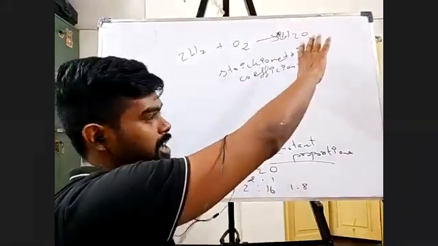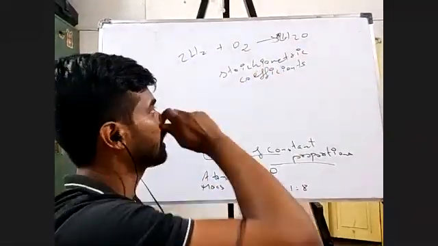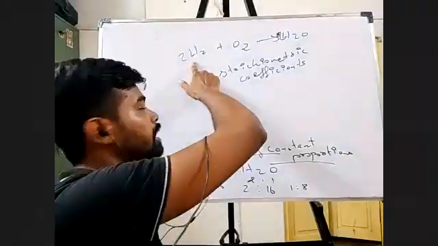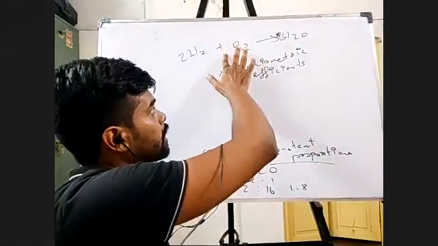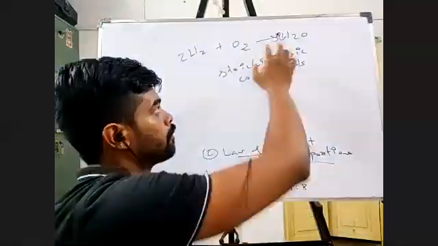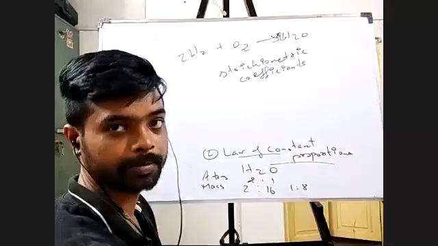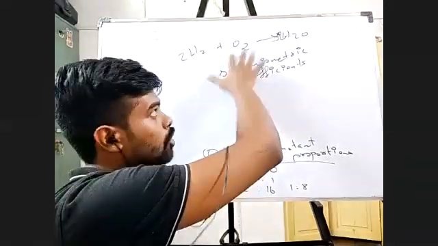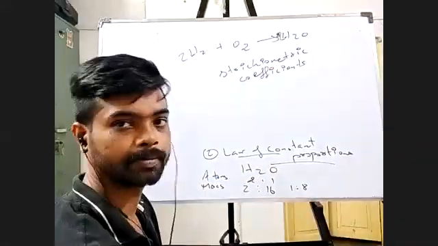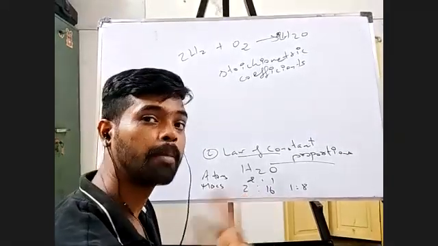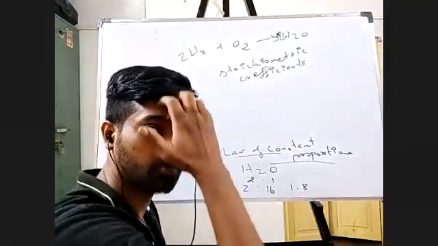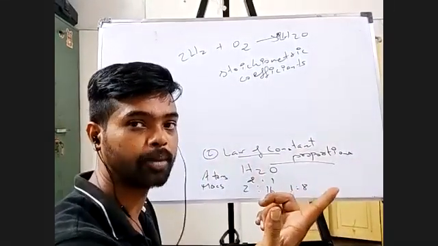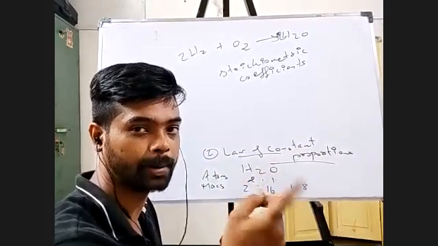From this equation, what I can understand is that 2 molecules of H2 combine with 1 molecule of O2 to form 2 molecules of H2O, isn't it? Now I spoke in terms of number of molecules. The same thing can be spoken in terms of number of moles, because I know the number of molecules is directly related to the number of moles through Avogadro's number.